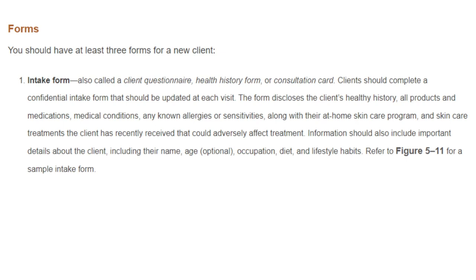The form discloses the client's health history, all products and medications, medical conditions, any known allergies or sensitivities, along with their at-home skincare program, and skincare treatments the client has recently received that could adversely affect treatment. Information should also include important details about the client, including their name, age (optional), occupation, diet, and lifestyle habits. Refer to Figure 5.11 for a sample intake form.